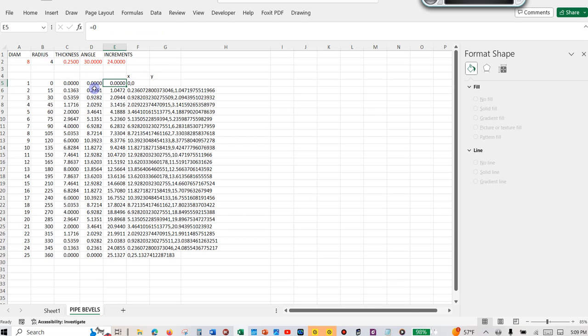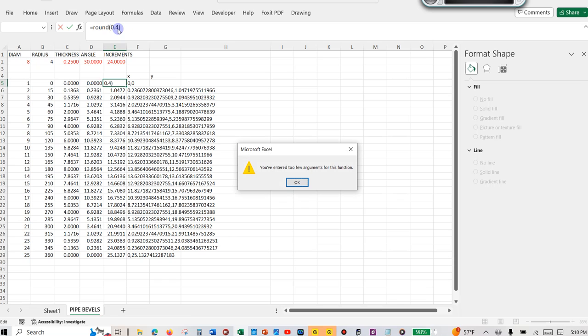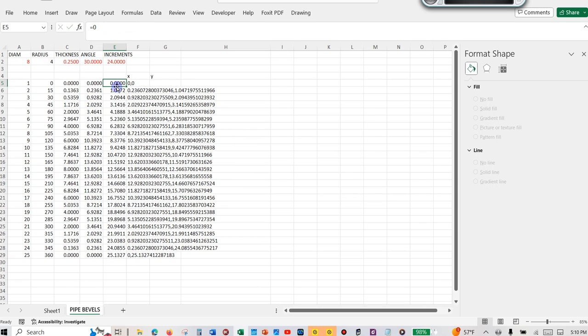Same thing here. Oh, and then this one. So that one could be the same. This one equals round, comma 4. Enter. Leave that one alone then. Equals. And then I'm going to take this.